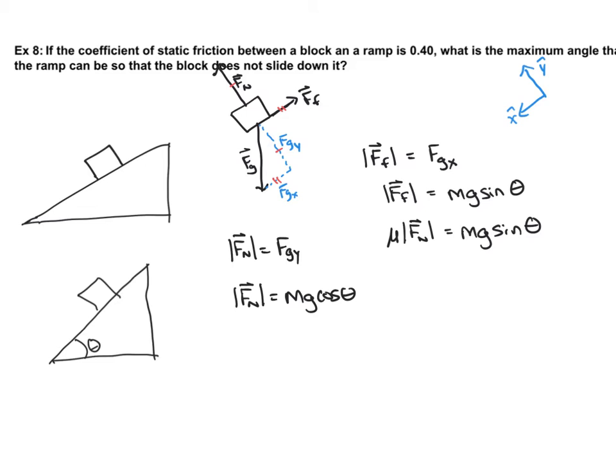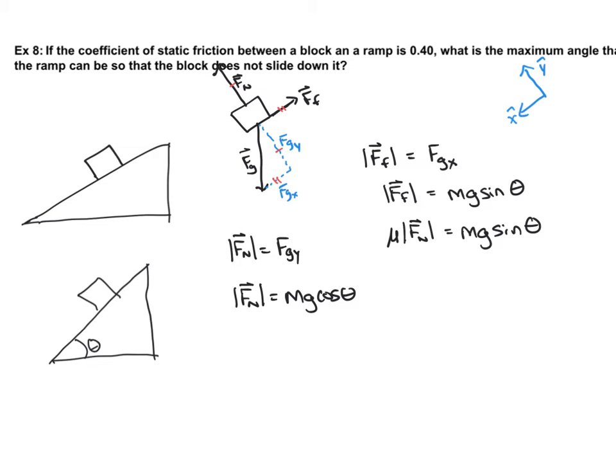And now what we have is two equations with two unknowns. That is the key thing to understand about this. We have two equations and two unknowns. Both equations have theta in it. That's one unknown. Both equations have normal force in it, which is unknown. But everything else is known. Well, not really. The mass is not known.